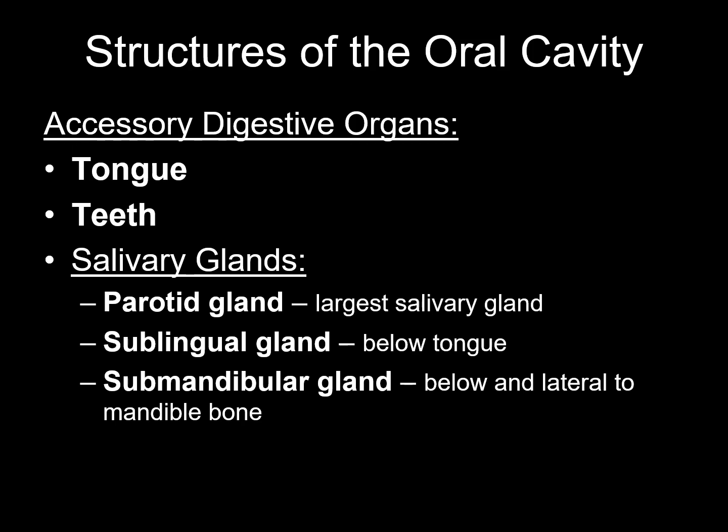Some of our cranial nerves have parasympathetic innervation to these glands. Remember our rest and digest function of the parasympathetic innervation. These glands are innervated to produce and secrete saliva, because saliva helps to break down some of the food, specifically carbohydrates, in the mouth.